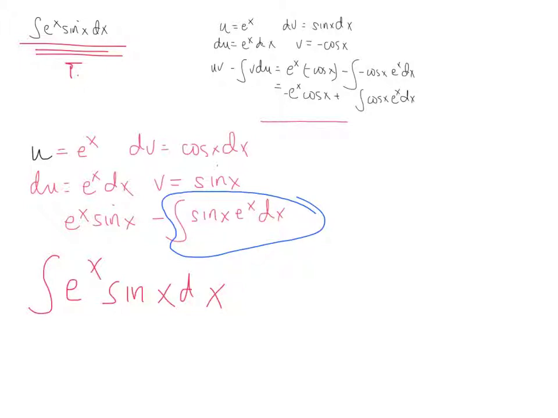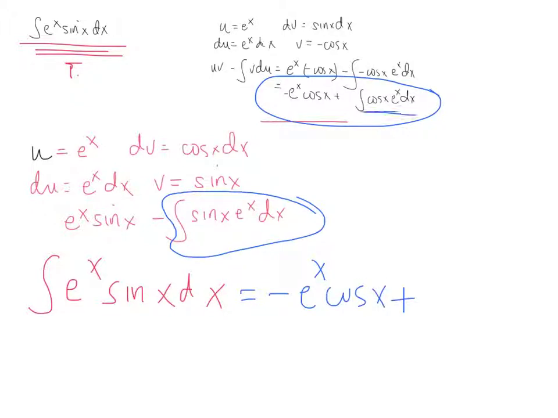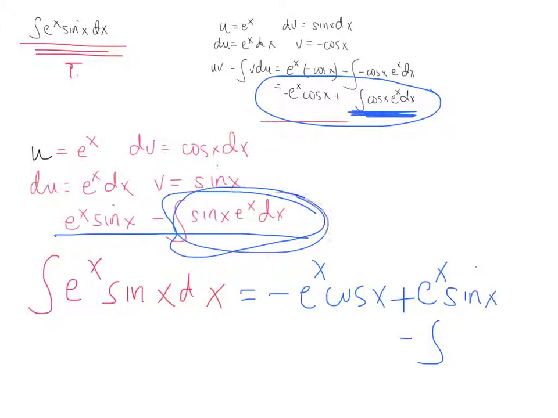So combining all the solutions, we obtained first negative e to the x cosine x plus, and then we solve for the integral of this, and we obtain e to the x sine x minus the integral of sine x e to the x, which is the same as e to the x sine x dx.